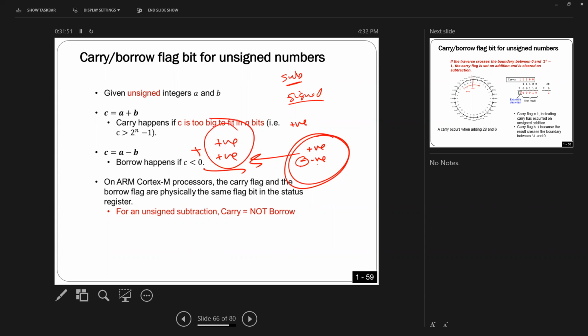If the result is positive, there is no overflow. But if the result is negative, that means there is overflow. Okay, let's see another case. For example, here, same thing: if this is a negative number and I subtract a positive number, okay?